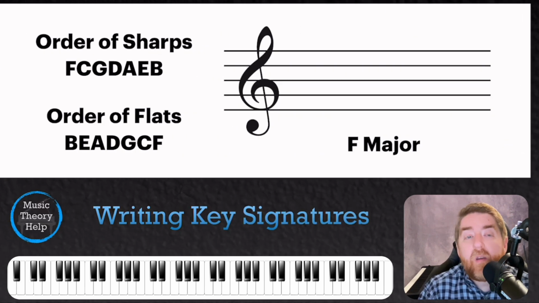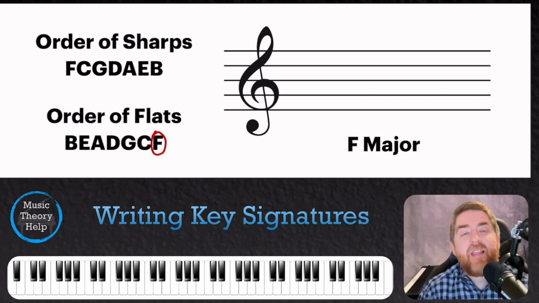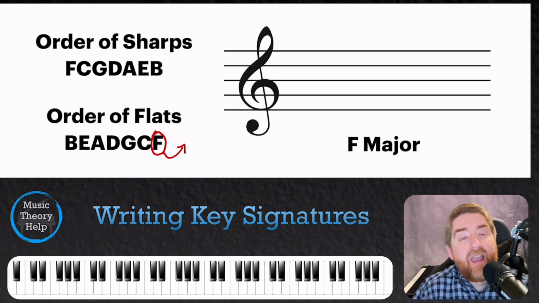Let's do one more, and it's the exception to the rule. F major. In our order of flats, F is the last one. So if we're thinking about our second to last flat, we don't have another space to go here.